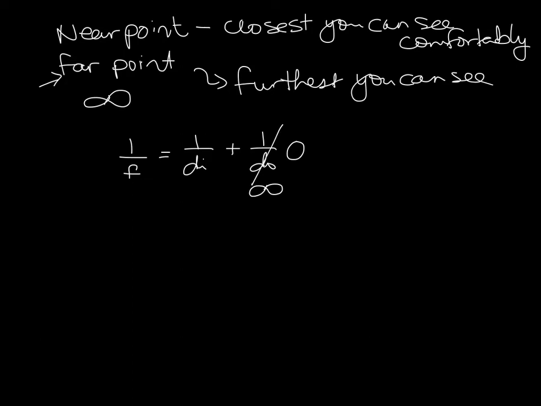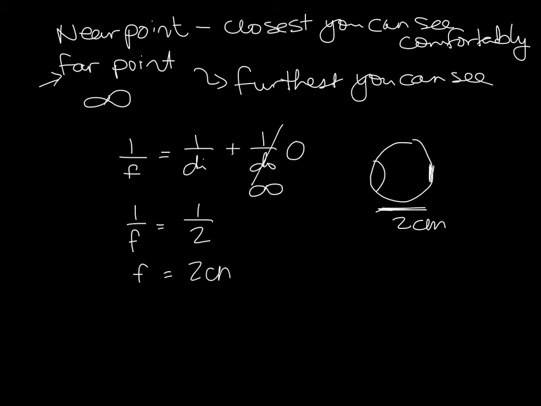So where is the image being formed? Here's our eyeball. The image is being formed on the back of your eyeball. So the distance from the lens in your eye to the back of your eyeball is about 2 centimeters. So 1 over f is equal to 1 over 2. So f equals 2 centimeters.